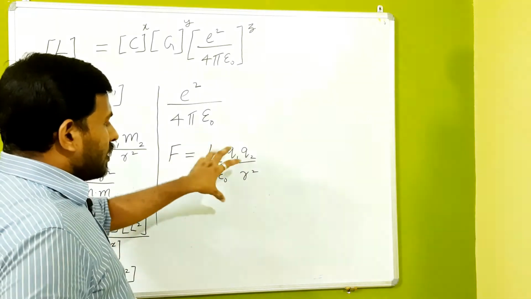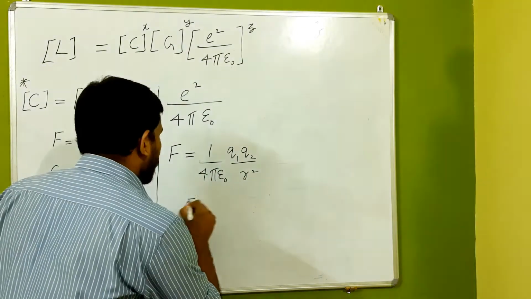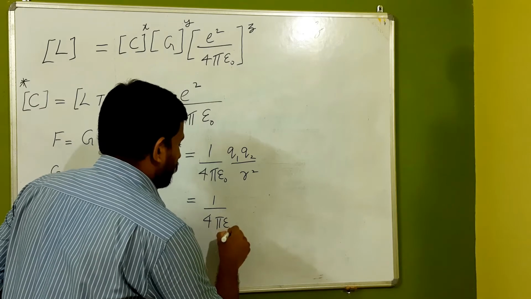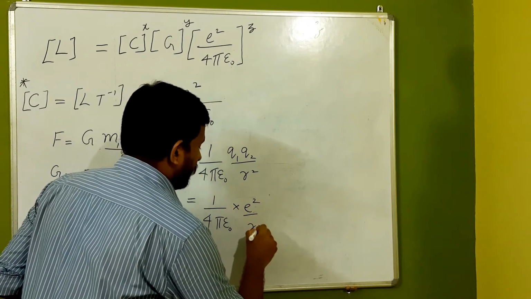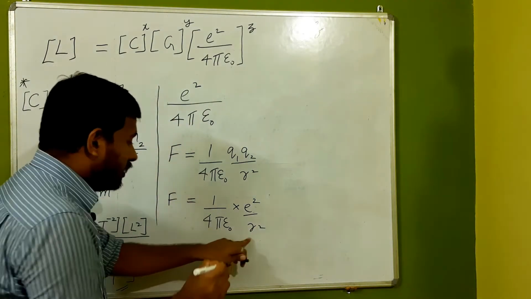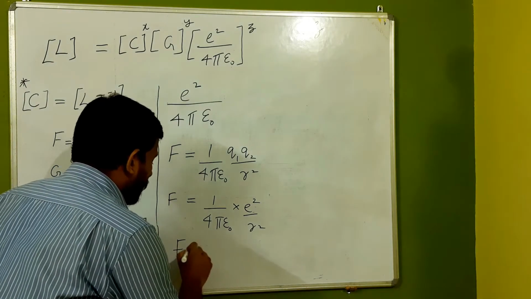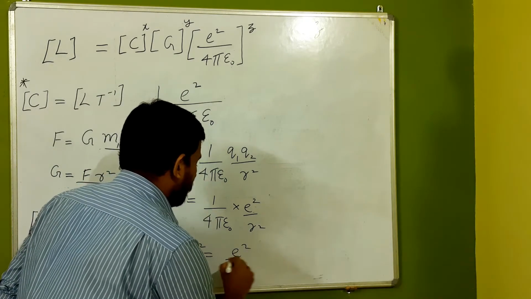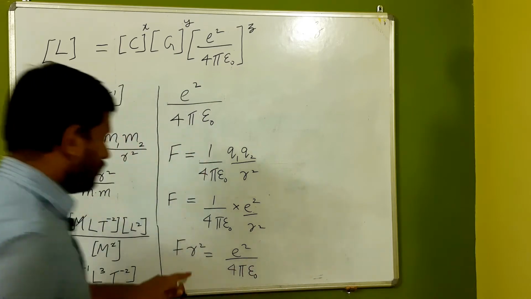So from this equation, if the two charges are electrons, we can put it as 1 by 4 pi epsilon 0 into e square by r square. Then bringing this r term to this side, we will get F r square is equal to e square by 4 pi epsilon 0.